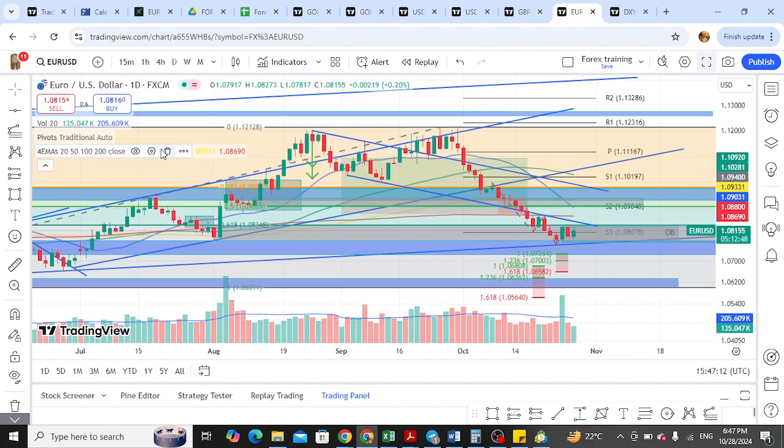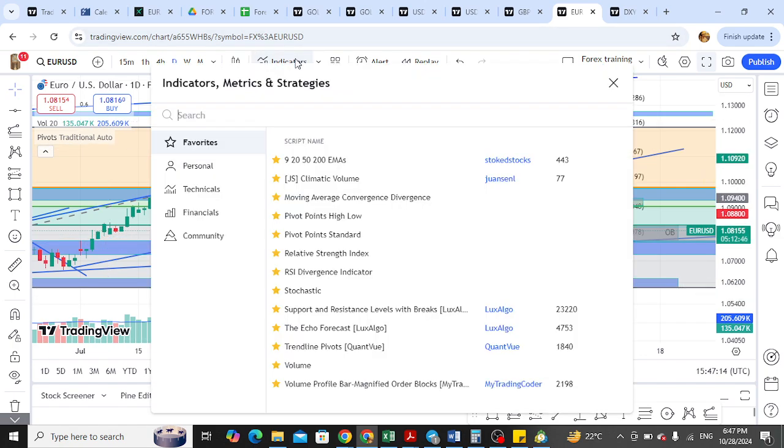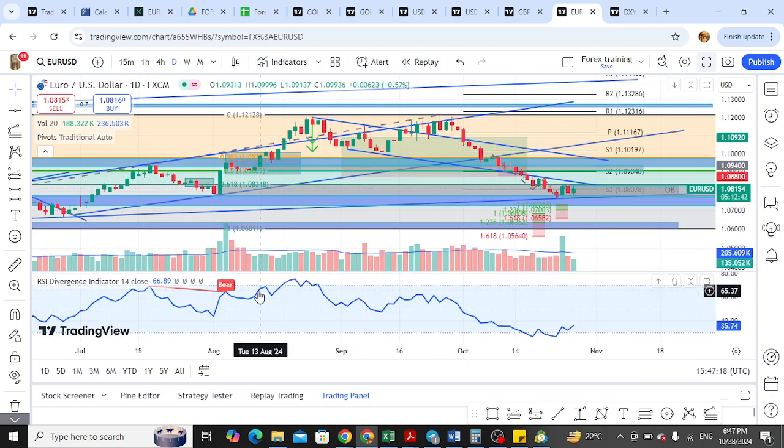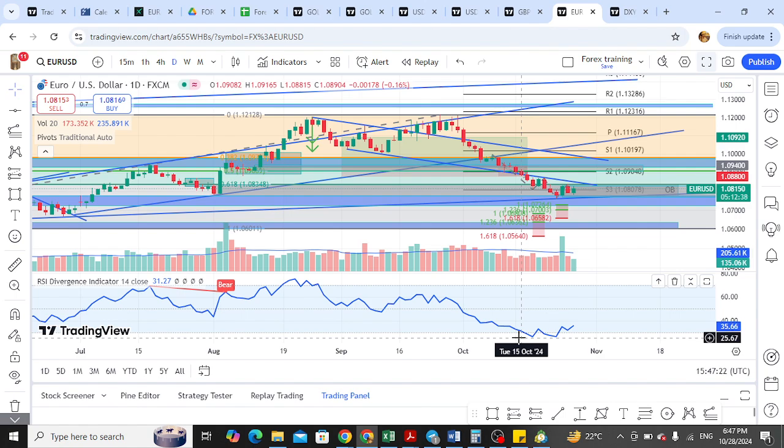So this is the next thing. I close that and go to the next indicator, which is the RSI divergence. RSI, do we have any information here? We have, and it went out of the oversold, and this bottom here and this bottom here, we have kind of a bullish divergence here.